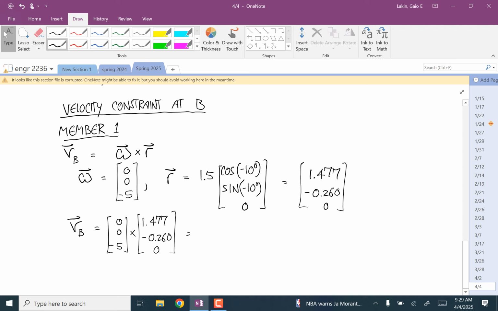So now I'm just substituting in the numbers that we know. And this comes out to be negative 1.30, negative 7.3850.